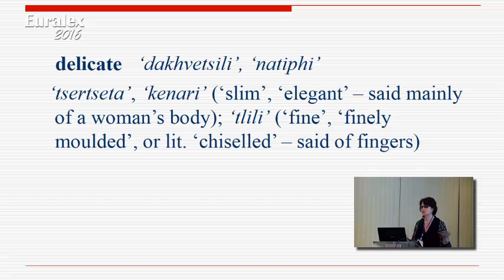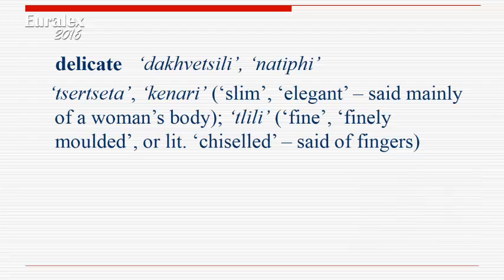Just to give you a short example, English delicate has numerous equivalents in Georgian in this meaning. Delicate, slim, elegant. Numerous. Delicate figure is translated by one Georgian word, delicate fingers by another Georgian word, delicate wine by a third Georgian word, and so on and so forth.